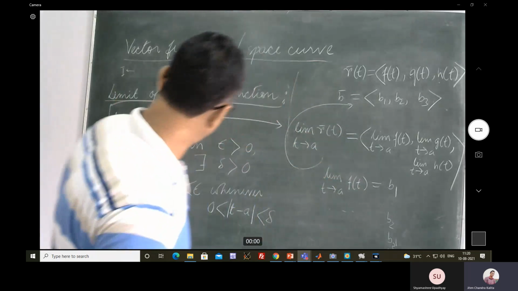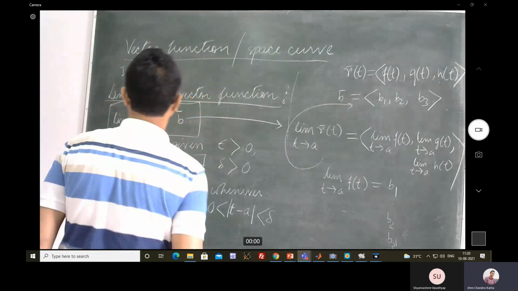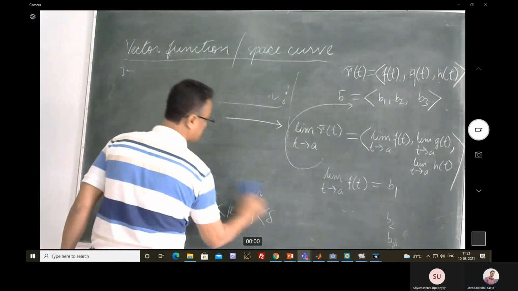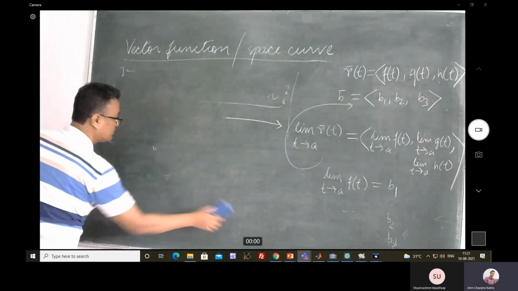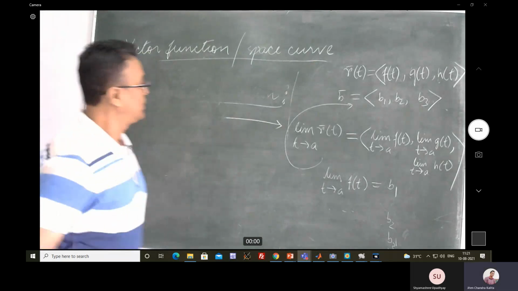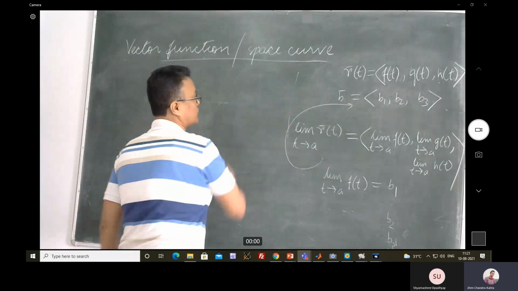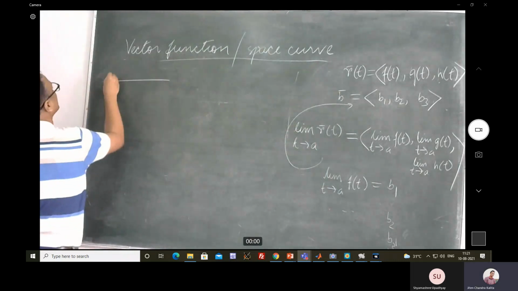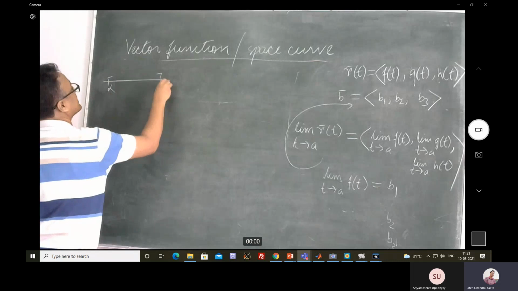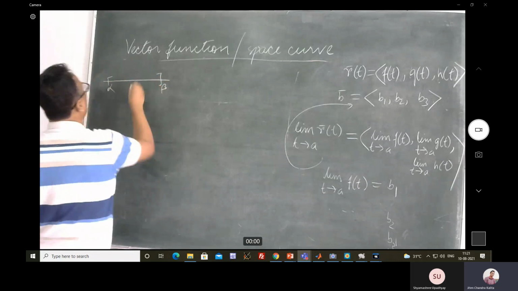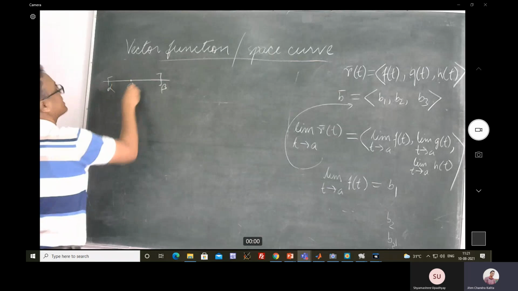Okay. So now let us come to the definition of continuity. Again, I am considering some interval alpha beta in the real line R, and I am considering a fixed point A here.